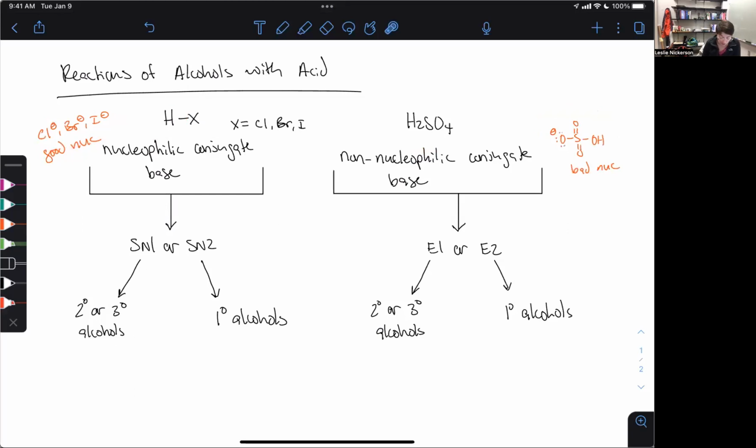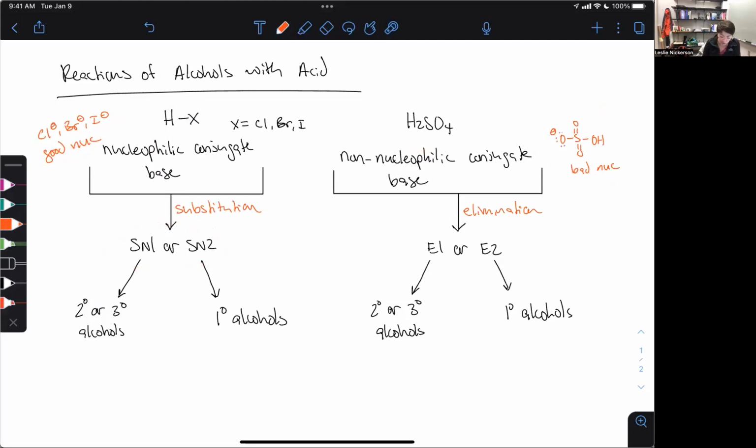If I do have a good nucleophile, we're looking at some kind of substitution as our major product. You've got a nucleophile, it's going to substitute. If I don't have a good nucleophile, we're going to eliminate. We're going to look at examples of both of these.